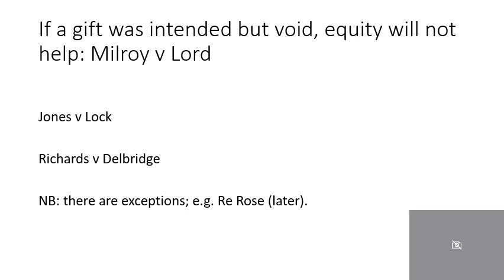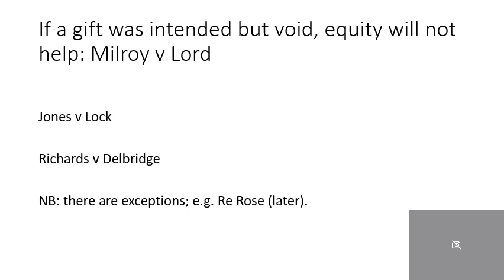Second example is Richards and Delbridge. I think it was a grandfather here. He had land. It was a leasehold, so he owned some land, which he wanted to benefit his grandson. So what he should have done is actually execute a deed to transfer the property to the grandson, or to declare a trust, making himself a trustee.